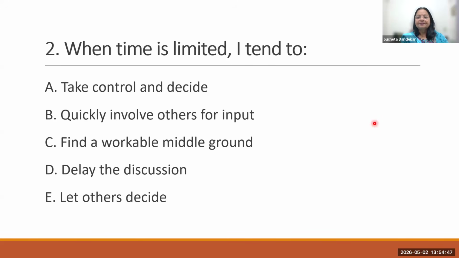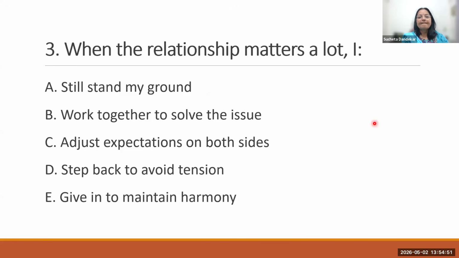I will go to the third. And I will go to the fourth.